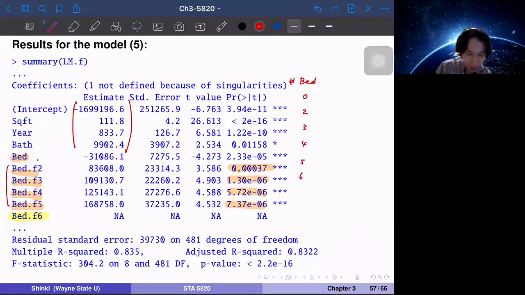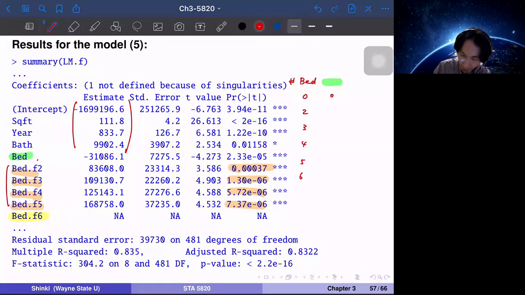And for the baseline, maybe we have to distinguish color. So the baseline is negative 31,000 per bedroom. So at first, the quantitative variable is negative 31K. So 0 bedrooms is 0.